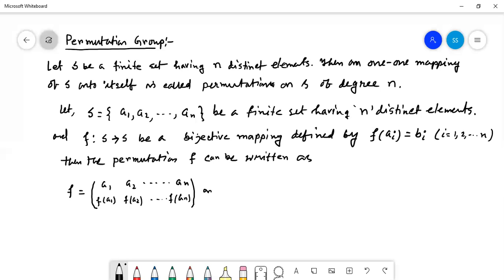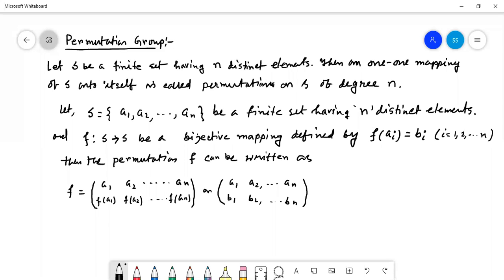Or otherwise we can write f of ai equal to bi, that is a1 a2 dot dot an, that can be written b1 b2 dot dot dot bn. So this is called the permutation. Here these a1, a2 are just some arrangement only. That's why it is called the permutation.